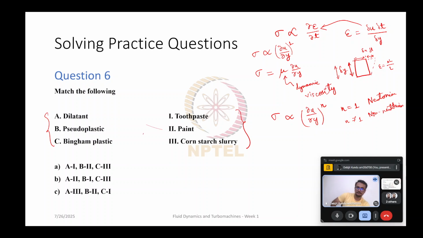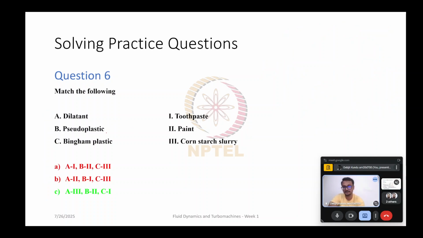So you have to match the two columns with each other, and once you find the right combination in the options given below, you can pick that option. Then A1, B2, C3. Okay, let's take a look at the solution.